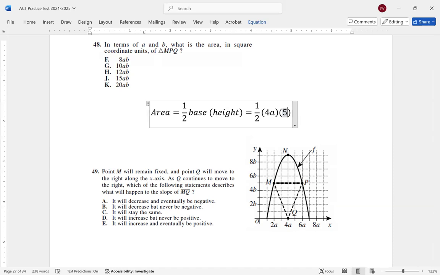And so 5b is the height. When you take 1/2 times 4 times 5, you get 10. So the total area of that triangle is 10 times ab. And therefore, the answer to question 48 is G.